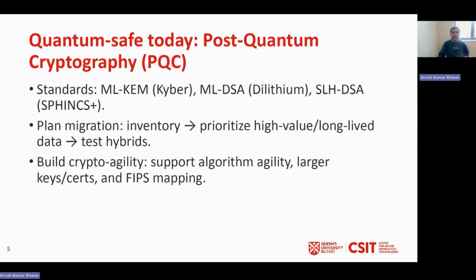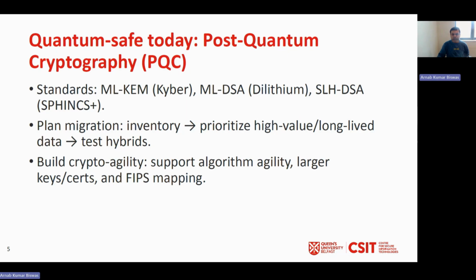And instead of going abruptly from existing asymmetric cryptography to the PQC standards, the suggestion is always to go for hybrid, where we have the existing and PQC together, and then we can change to PQC completely.